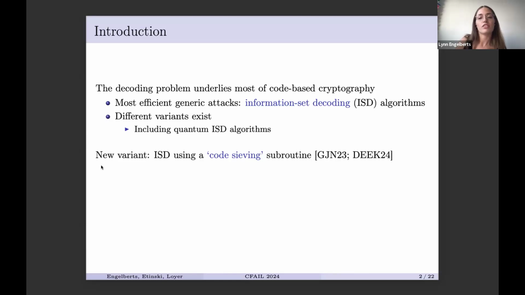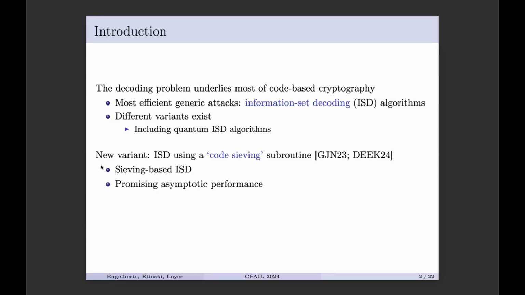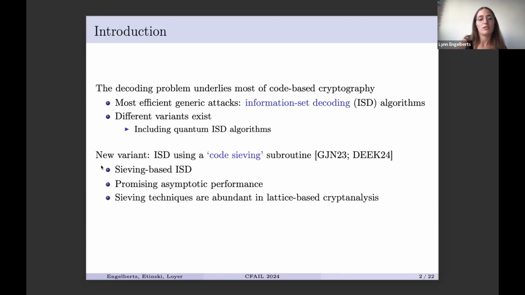This was further improved and generalized by Ducas et al. shortly after. We will refer to the resulting algorithm as sieving-based ISD. Sieving-based ISD performs runtime-wise very close to the classical state of the art, and it also has better time-space trade-offs. While sieving techniques for code-based cryptanalysis are new, they are abundant in lattice-based cryptanalysis. In particular, sieving techniques have resulted in the best classical and quantum time complexity for solving the shortest vector problem, SVP.